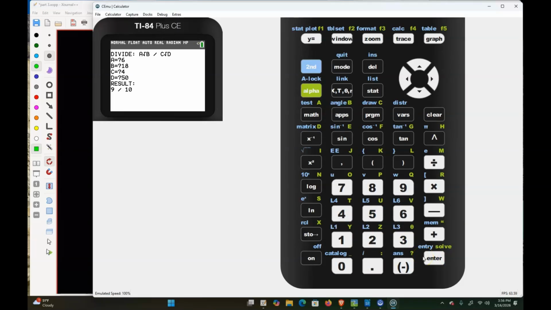So we get 9/10. Okay, let's try one more. Say 7 square root 48 divided by 2 square root 75. So the answer is 14/5.